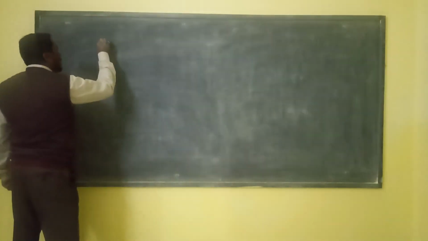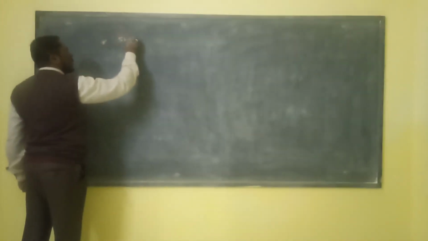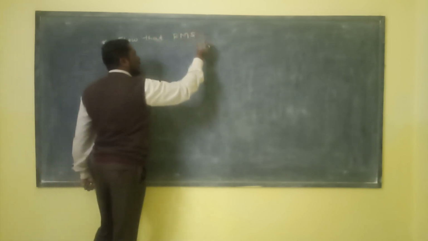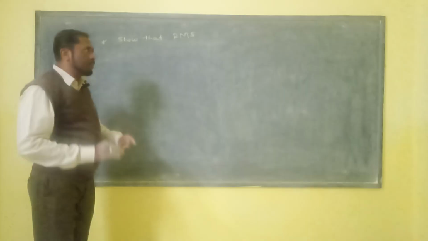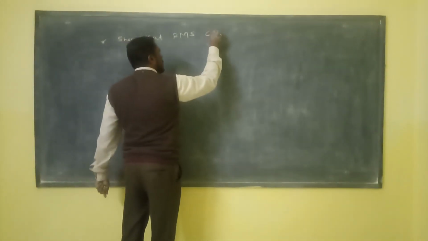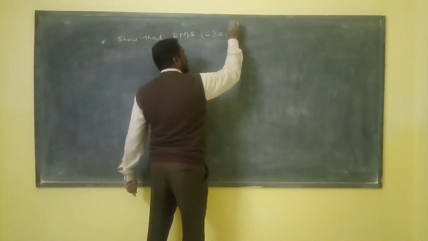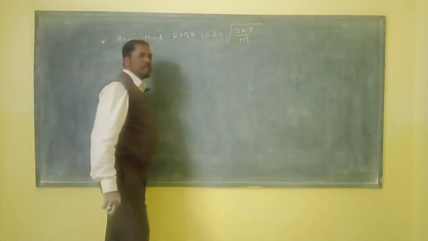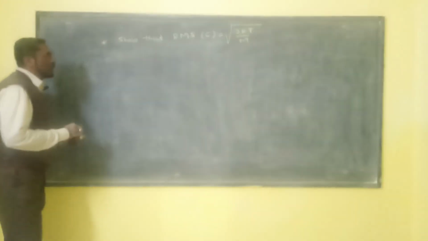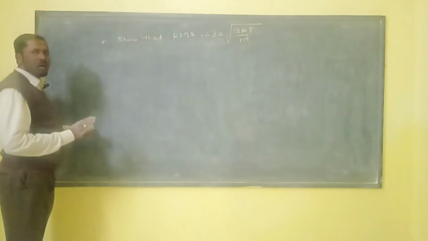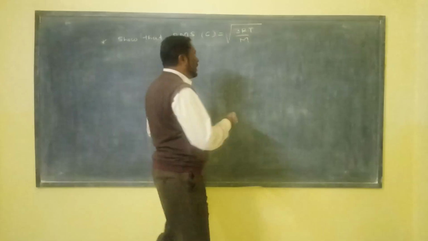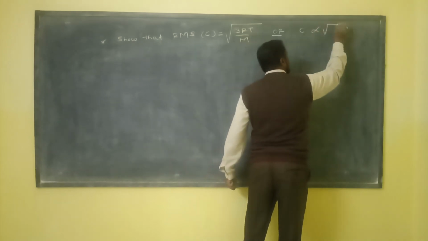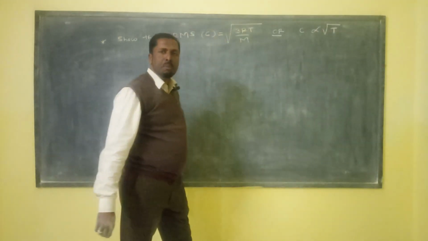Now let us consider: show that RMS velocity, that is root mean square velocity, represented by the factor C, is equal to under root 3 RT upon M. Show that RMS velocity C is equal to under root 3 RT by M. Sometimes it is asked in this way: show that RMS velocity is directly proportional to square root of absolute temperature.